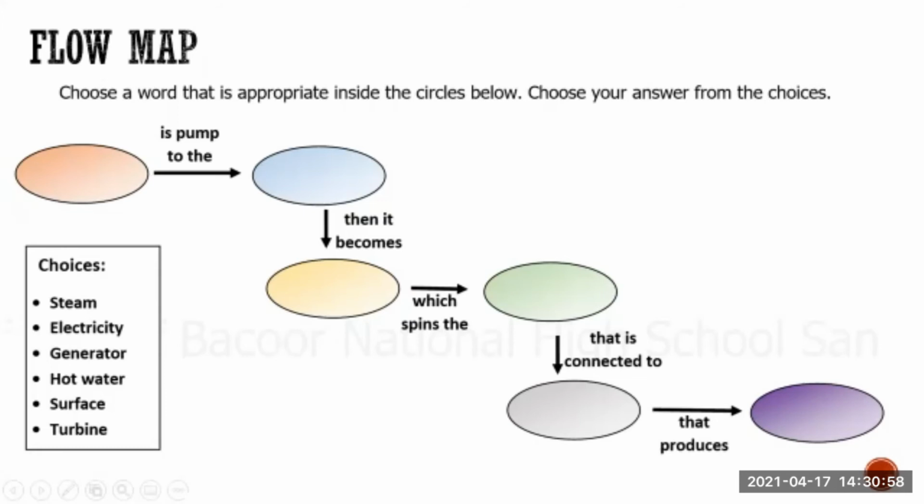I want you to identify the right word to be put in those circles. So these are the choices: steam, electricity, generator, hot water, surface, or turbine. I will give you 10 seconds to think about those answers.